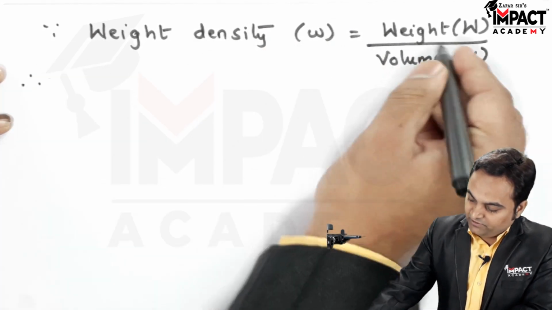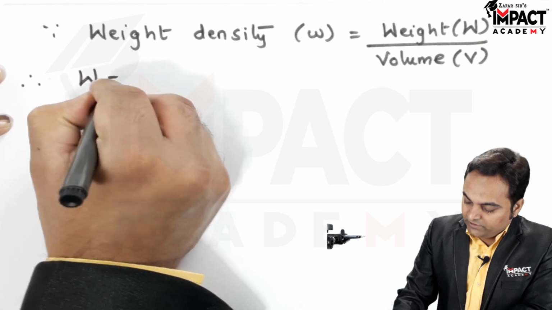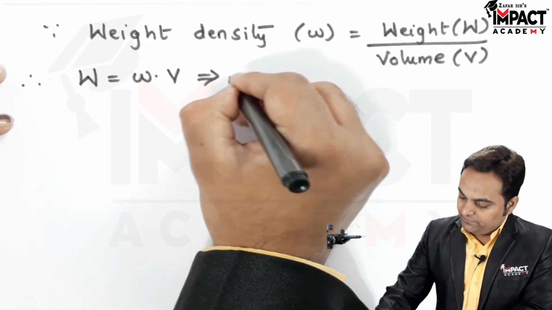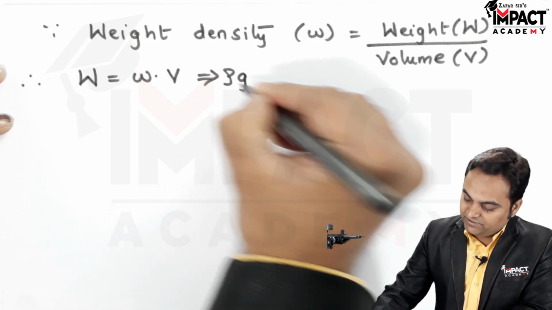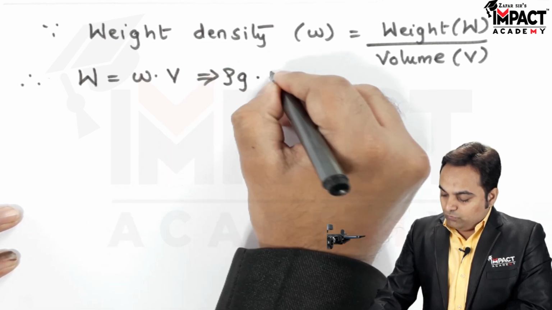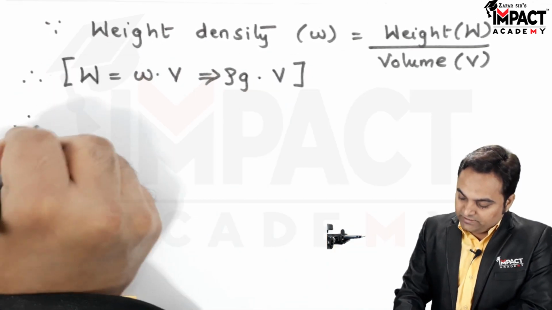So therefore weight is equal to weight density into volume, and weight density is the mass density into acceleration due to gravity, and into volume, that is by definition.